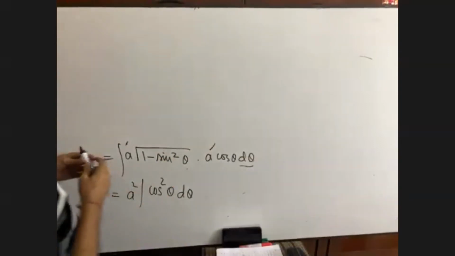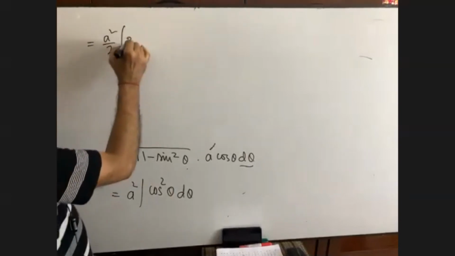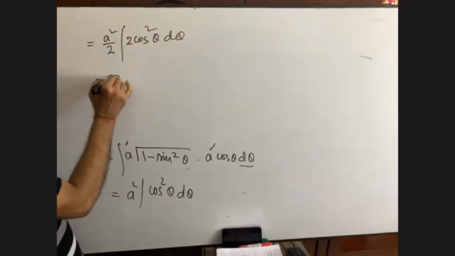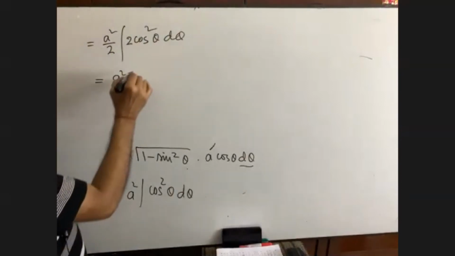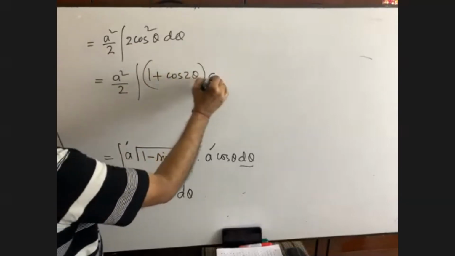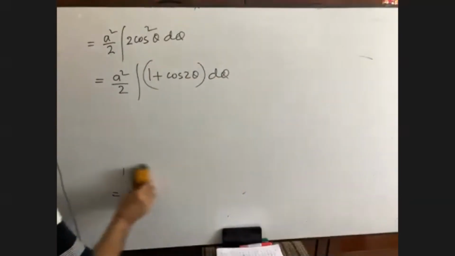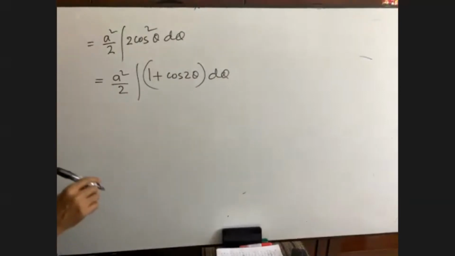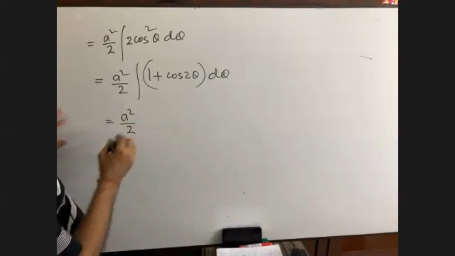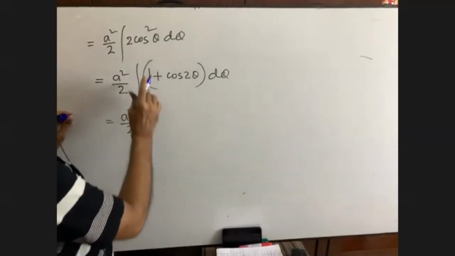Okay, now you see, we can write down here a square by 2 cos square theta d theta, right? That is a square by 2, it is 1 plus cos 2 theta d theta. So we are getting here a square by 2. 1 d theta means what?